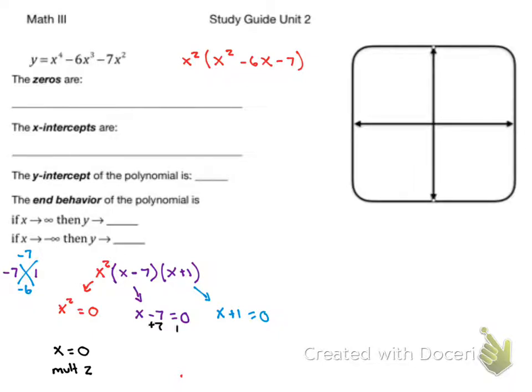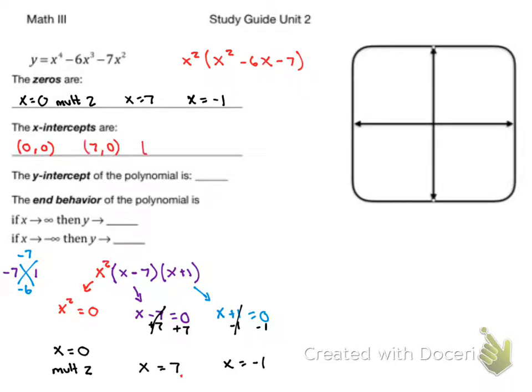If we add 7, we get x equals positive 7. Subtract 1, we get x equals negative 1. So our zeros are x equals 0, multiplicity of 2, x equals 7, and x equals negative 1. And as coordinates, that's (0, 0), (7, 0), and (-1, 0).